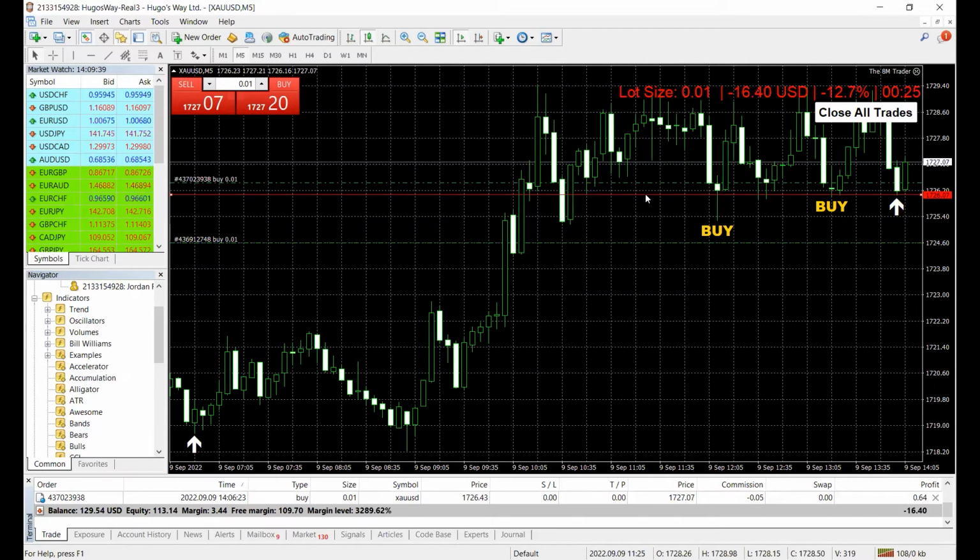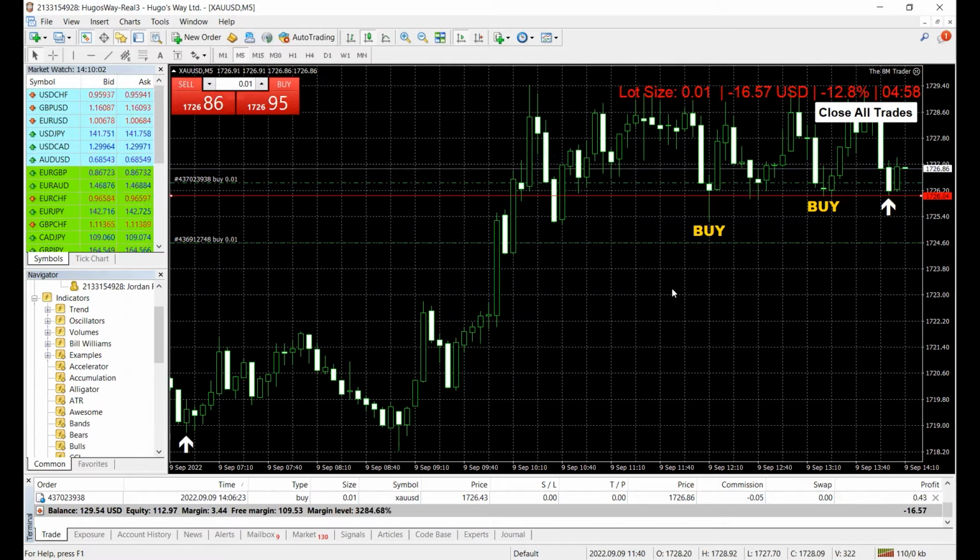Now, with this particular support right here, we can see that price right now is in an upward trend at the moment. We only get a buy arrow when we are moving in an upward direction. What we're going to be looking for is to buy low and sell high.